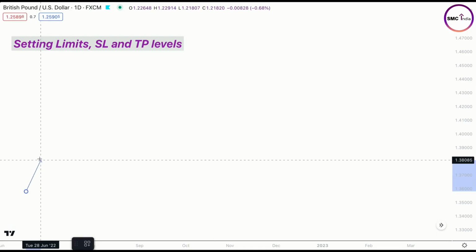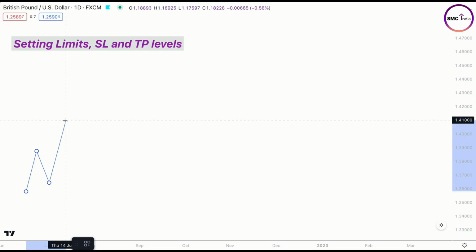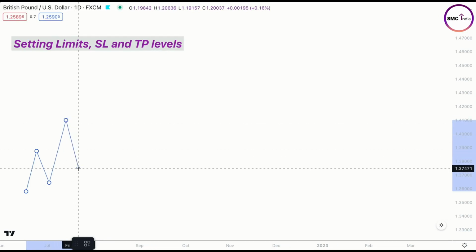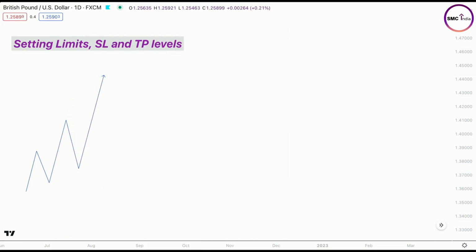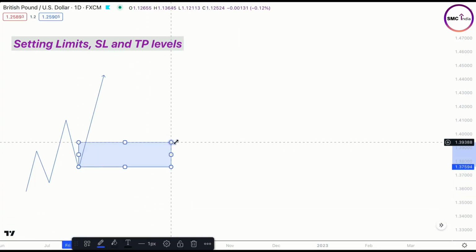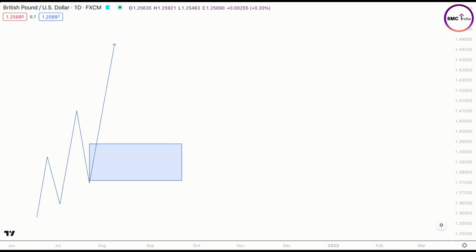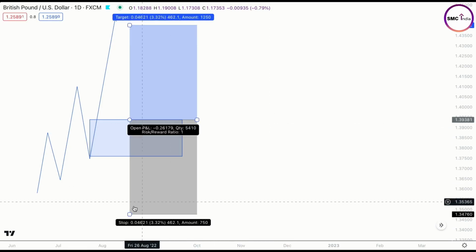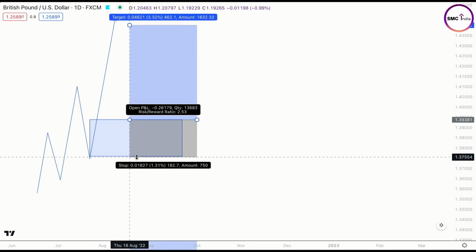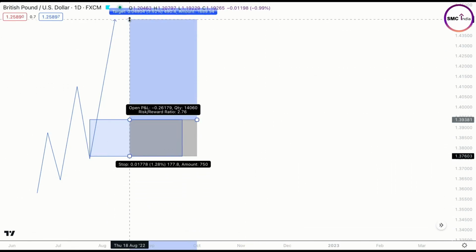So for a bullish market, when you see that the price comes to this order block and shoots up, and you identify that there is an order block here, what most people do is put the limits here, stop loss here, and take profit levels here.